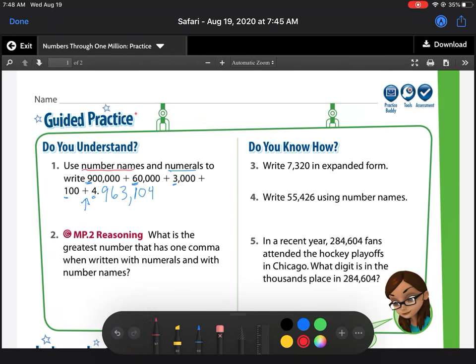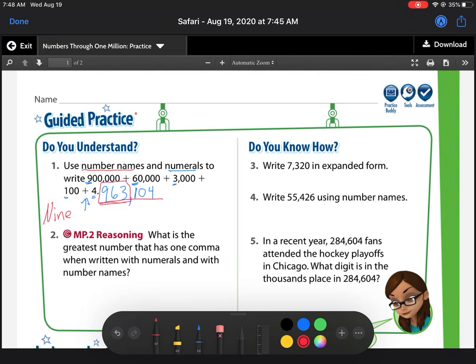So that is my numeral, but now it wants me to write the number name. So number name means I'm just going to write out in words what this number is. So what number is this? This is 9. And then remember, I'm going to say this whole thing first between commas.